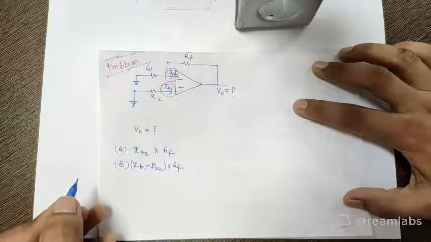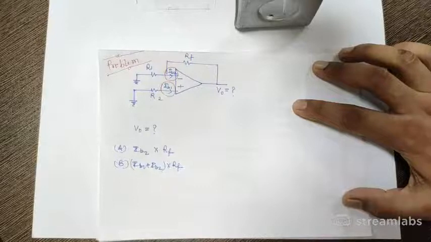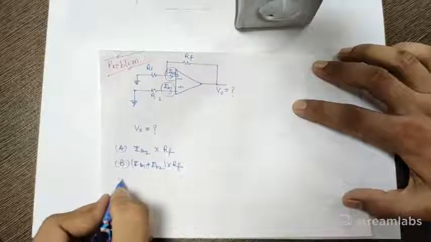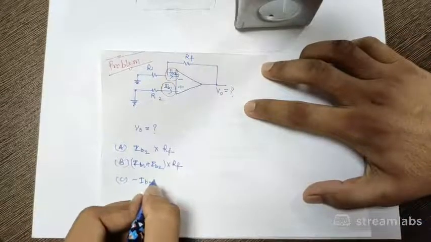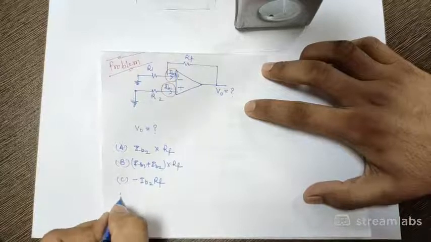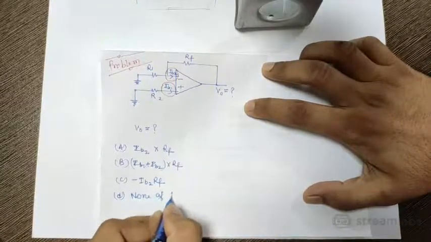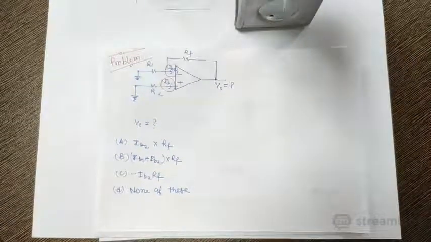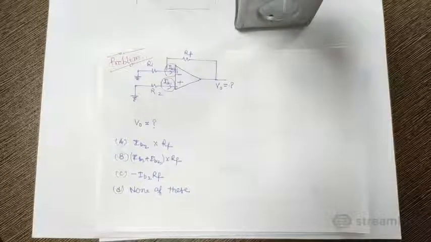Yes, Anjali, she has written that this is minus IB2 into RF, so the third option can be minus IB2 into RF. Yes, and last option I generally take none of these. So even if some other option is coming, then that will be none of these.